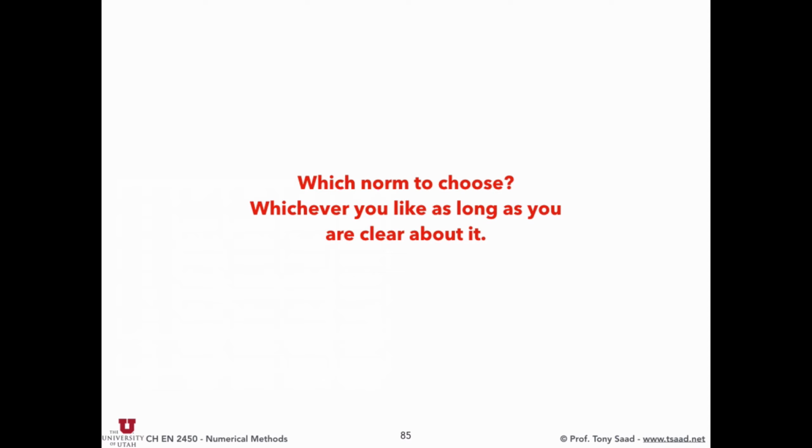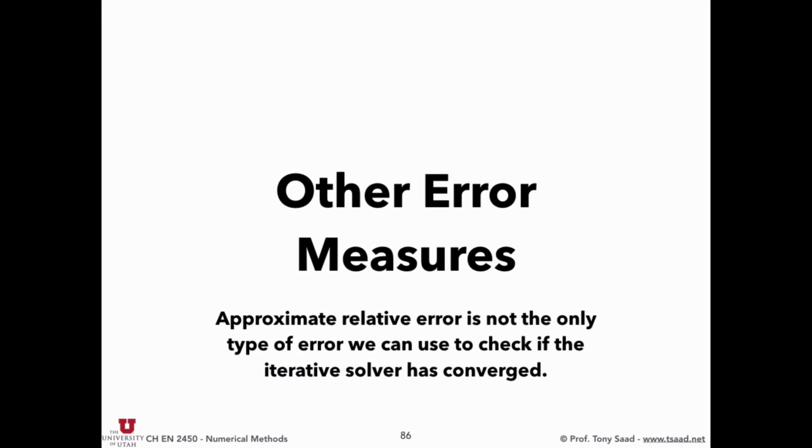But are there other errors or error measures? Yes. And as I mentioned very briefly last time before we left class, when you think of a system of equations, AX equal B, or just a matrix, remember that's coming from a system of equations.